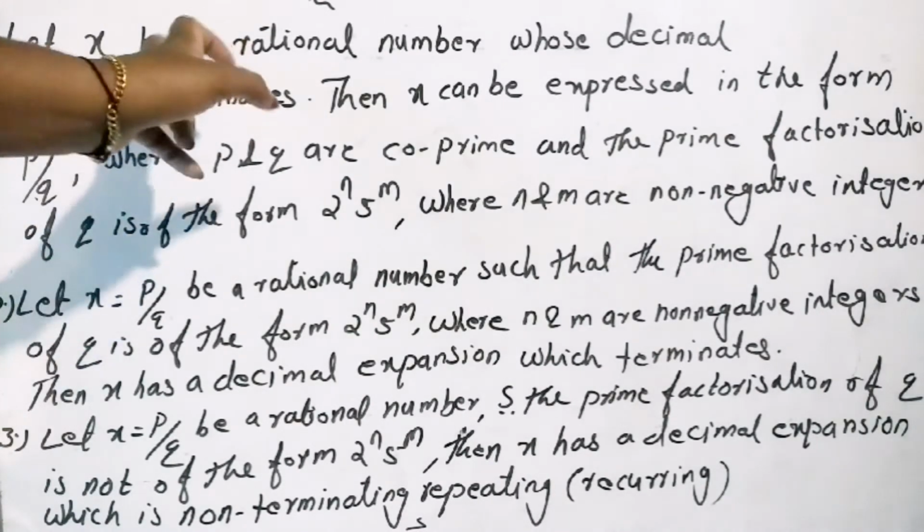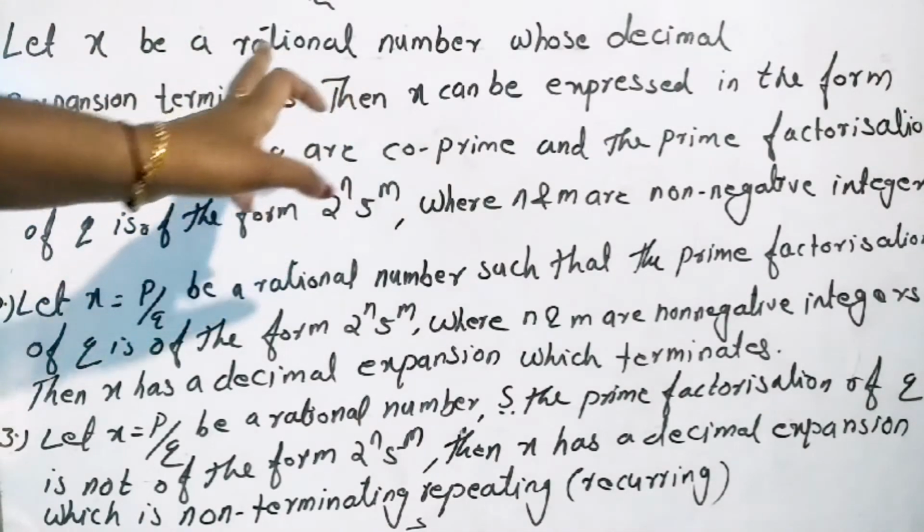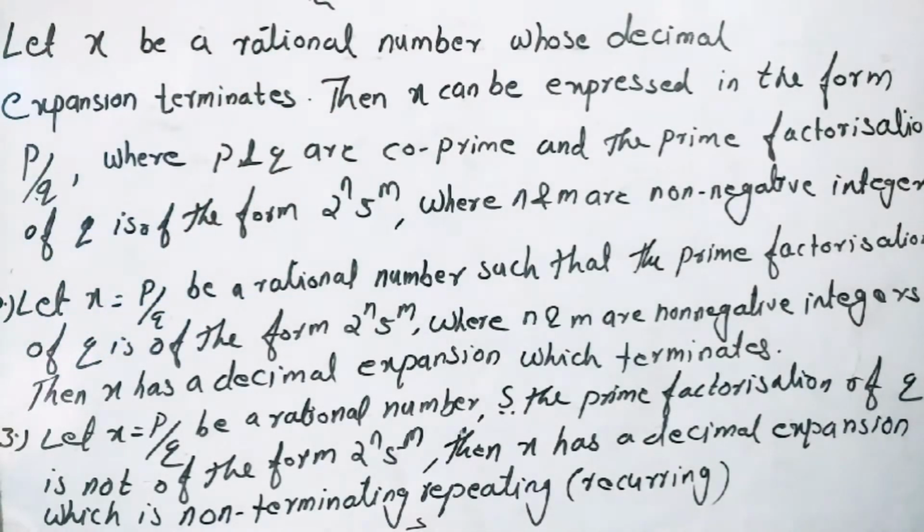Now, if the expansion of this X terminates, then the denominator, that is our q, the prime factorization of q, is of the form 2 raised to n into 5 raised to m, where n and m are non-negative integers.